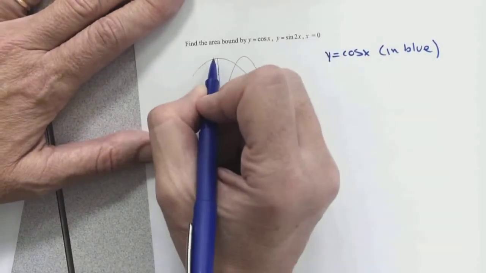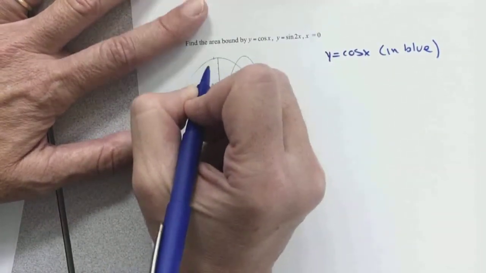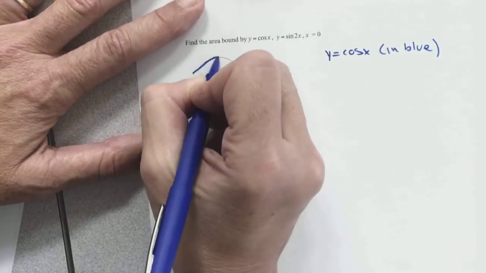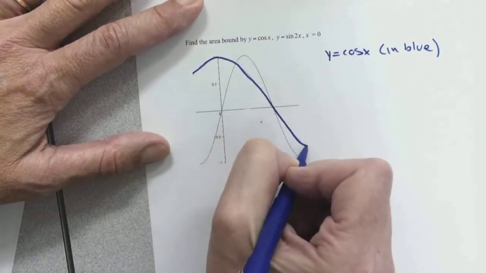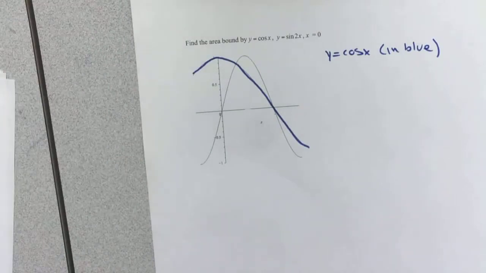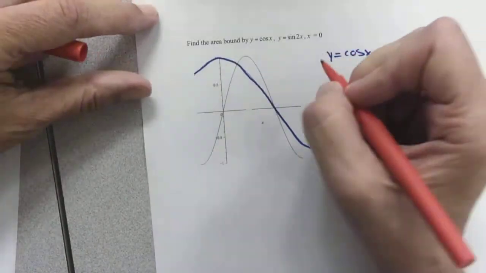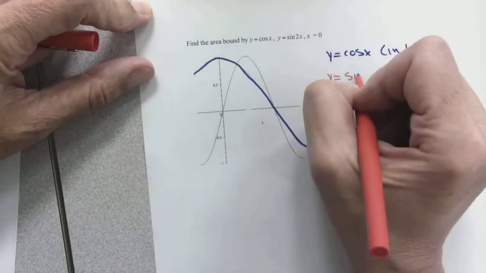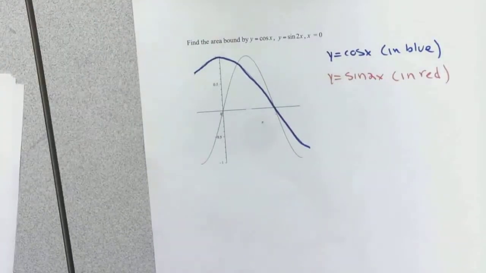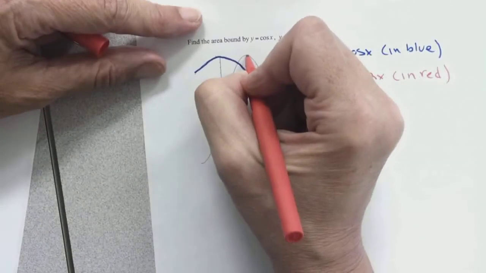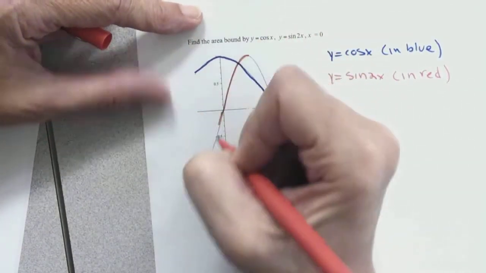But the basic cosine function starts out at 0, 1. So y equals cosine x is this curve right here. So that must mean that y equals sine 2x is the other curve, so it's in red. And so it's this one.